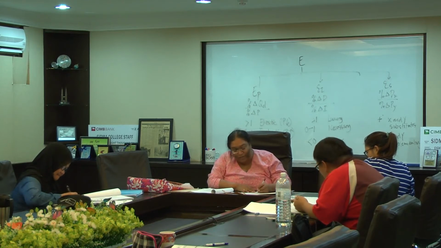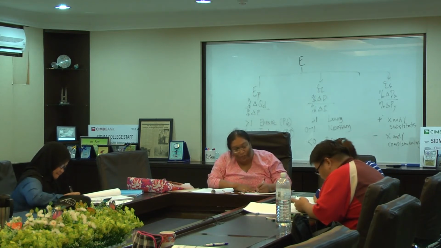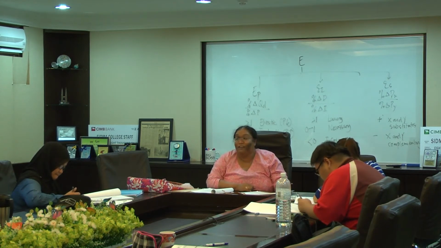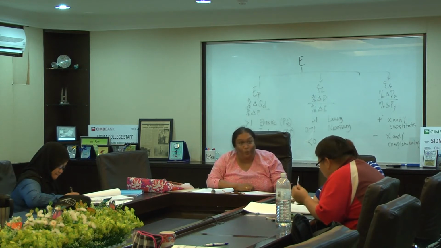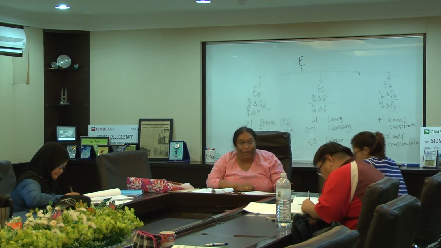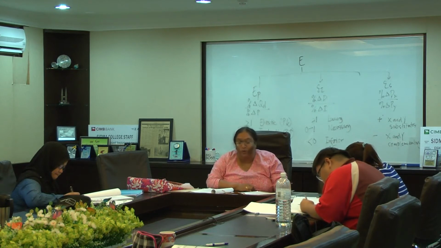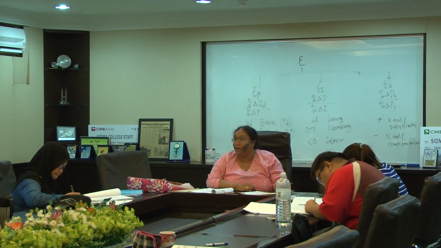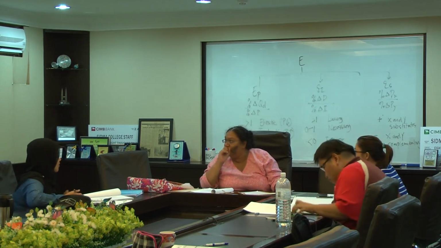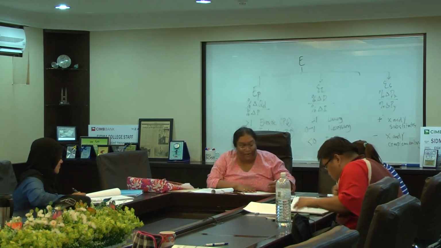So how much is it? Negative 20%. Correct or not? 16 minus 20 divide by 20, times 100. Negative 20%, correct?